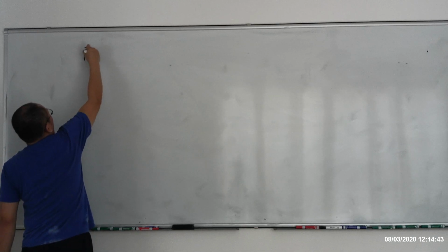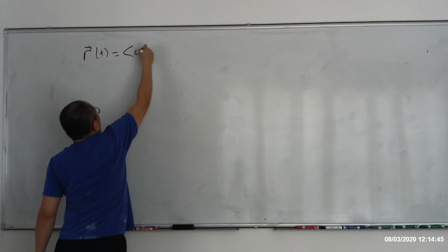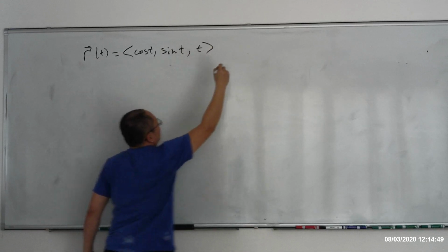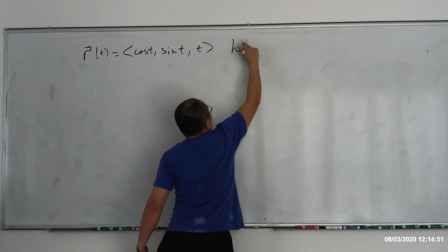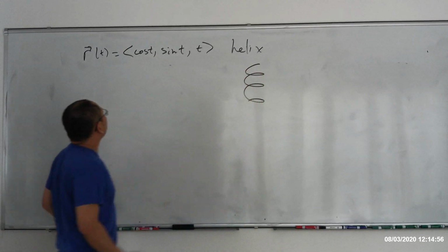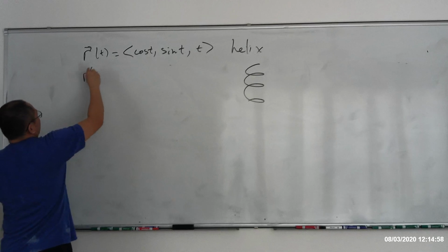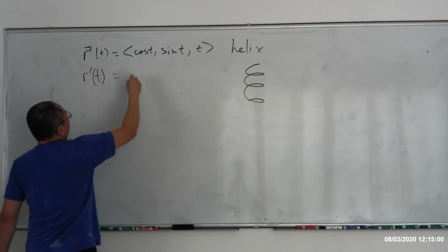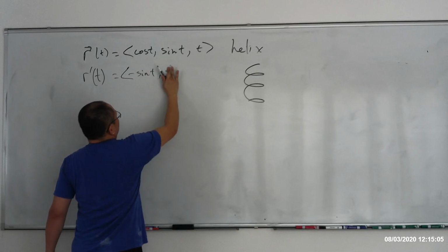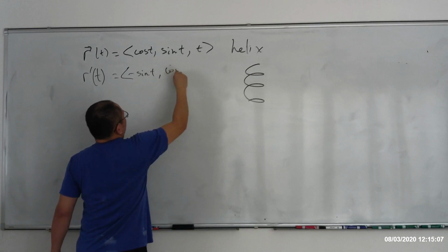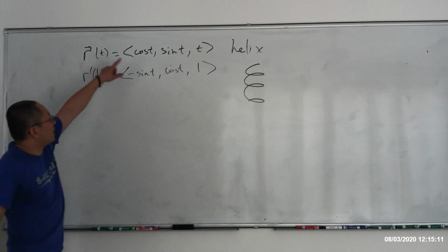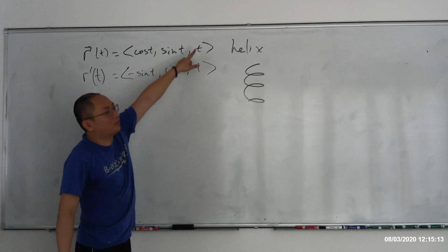So r(t) is equal to cosine t, sine t, and t. This is the helix. The graph will look like a swing. So r prime(t) is going to be negative sine t, cosine t, and 1. The derivative of cosine is negative sine, the derivative of sine is cosine, the derivative of t is 1.